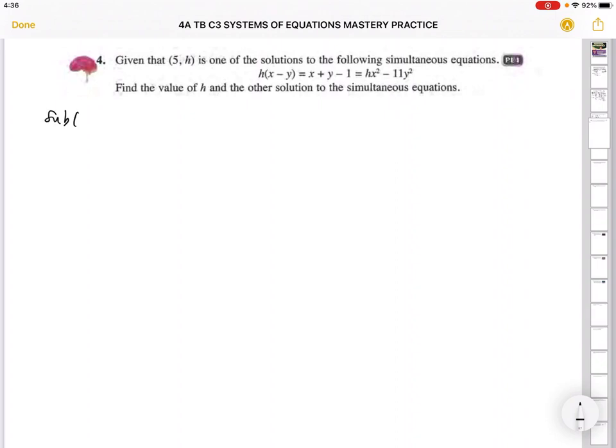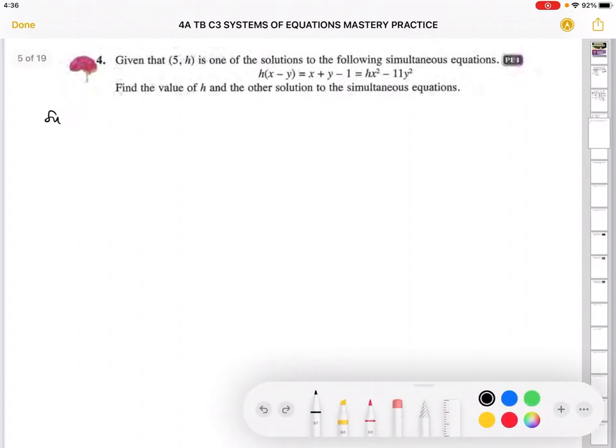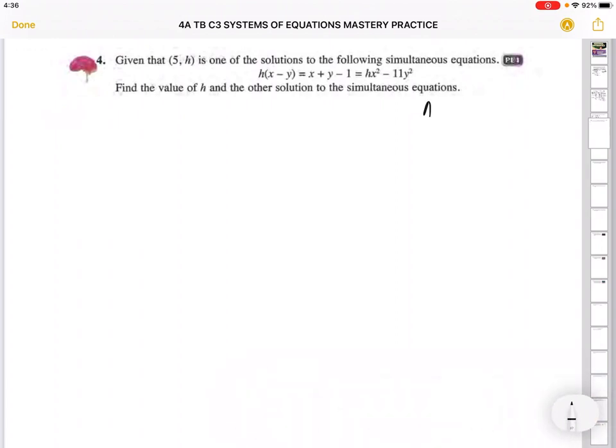Okay, however, before I do that, you need to know if I say a equals b equals c, we have to break it up into 3 possible equations. It's either a equals b, b equals c, or a equals c.